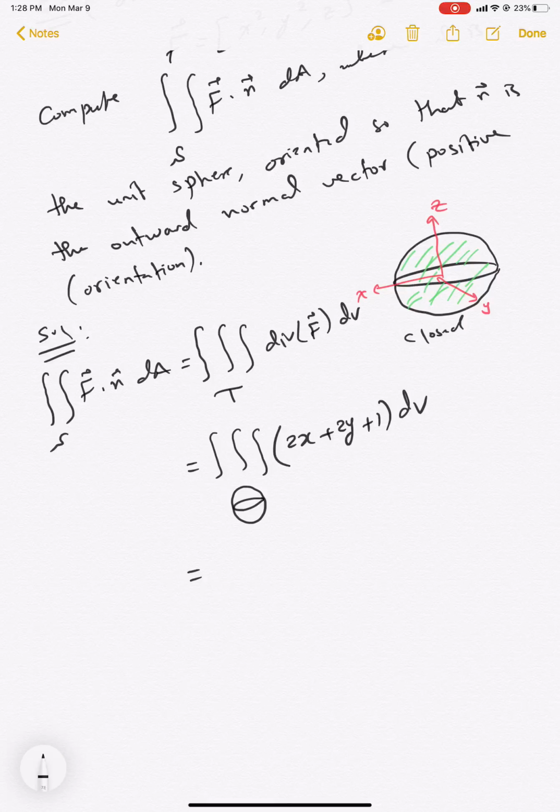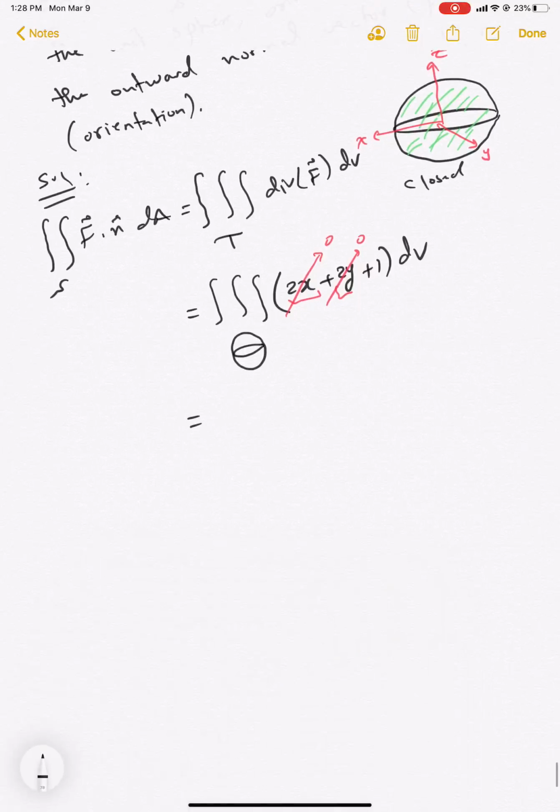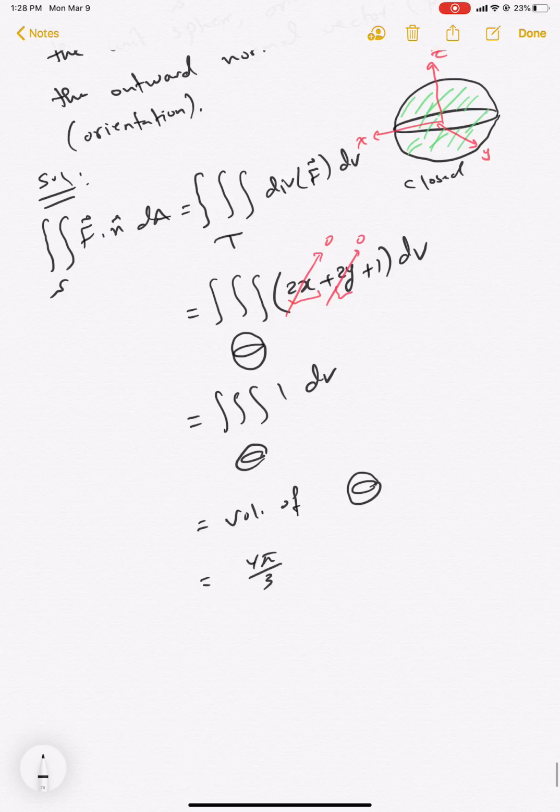So the triple integral of 2x gives us 0, because half of the values in this sphere are positive x values and half are negative, the same for y. So we are left with the triple integral over the sphere of 1 dV, which is the volume of the sphere, 4 pi over 3 times the radius cubed.